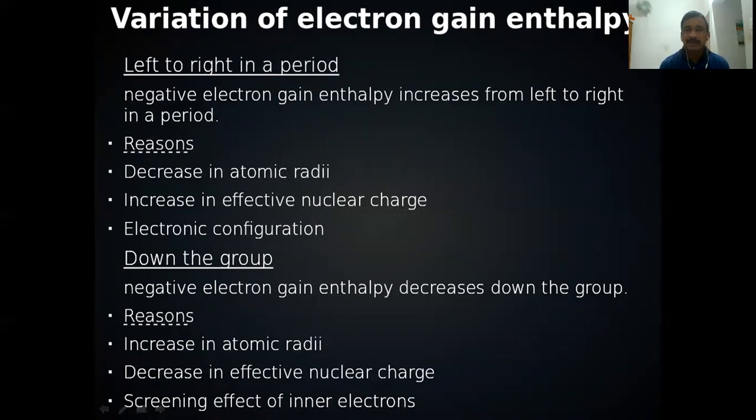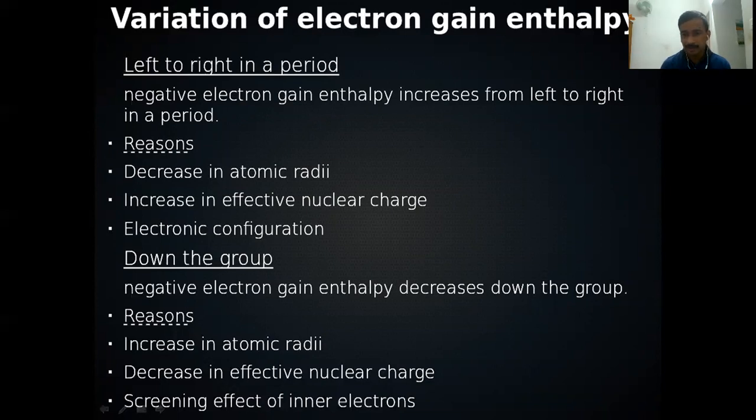So we can say as we move from left to right in a period, the negative value of electron gain enthalpy increases. What are the reasons? Decrease in atomic size, increase in effective nuclear charge, strength of attraction increases.